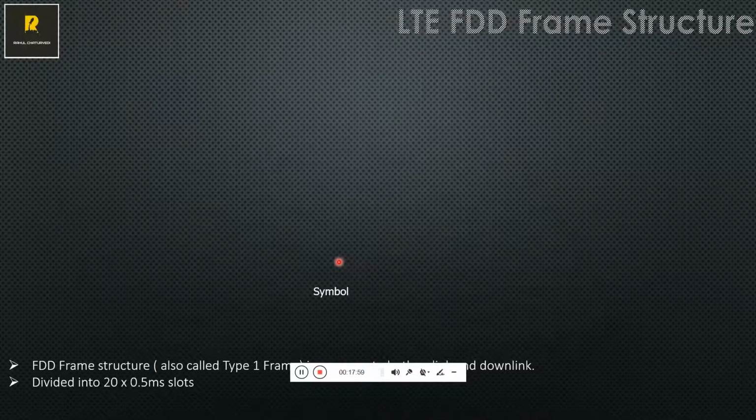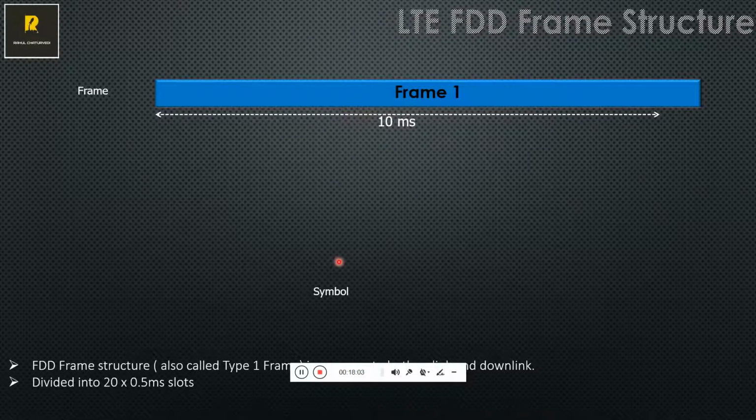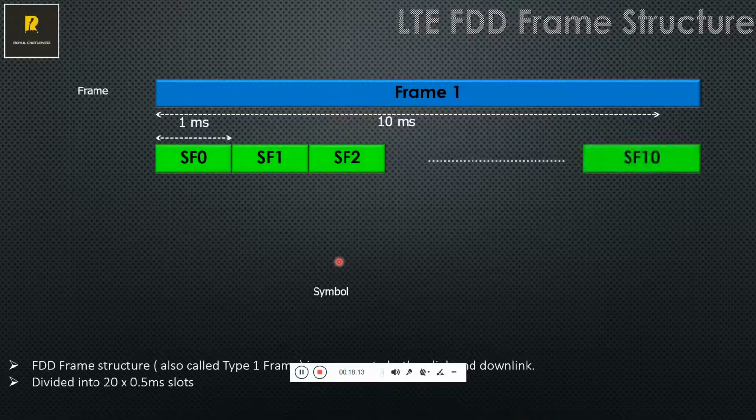Now coming to the frame structure. The LTE FDD frame structure, as we can see, is a frame of duration 10 ms, which is subdivided into subframes of 1 ms. That means there will be 10 subframes in a single frame. Coming to the slots, in a single subframe you will find 2 slots.